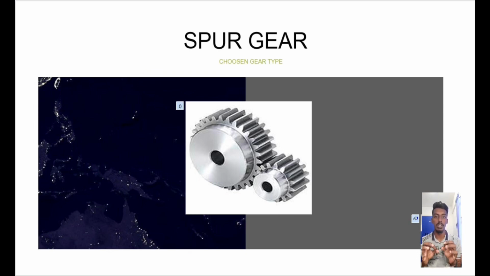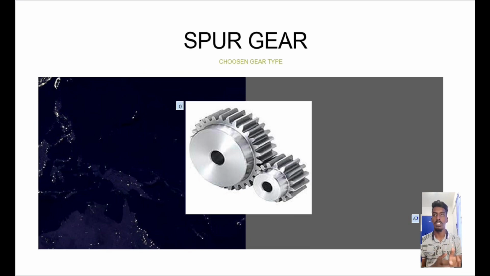The smaller one we call the driver gear and the bigger one the driven gear, which means the smaller gear drives the bigger gear, so it will multiply the torque. Both gears have different specifications such as different tooth numbers, different diameters and different resistivity.